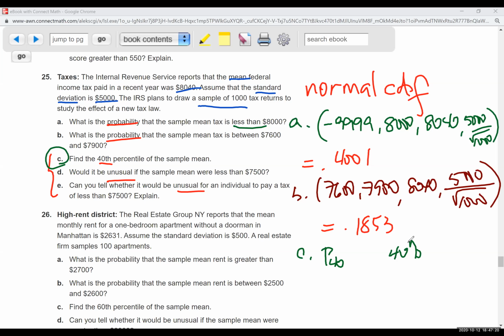So when given the area, 40% or 0.40, we have to use inverse norm. So inverse norm, you just have to enter 0.40, and then the mean is the same.